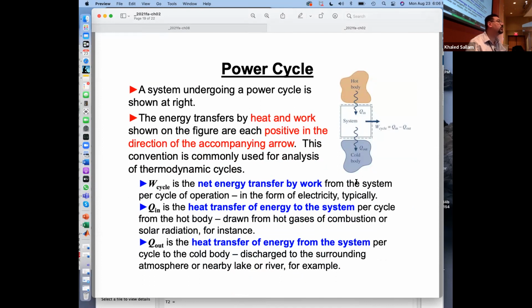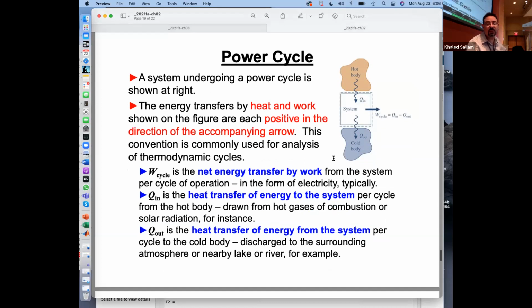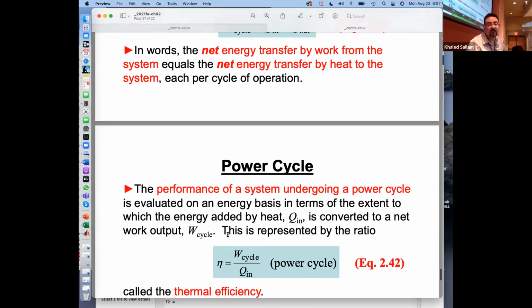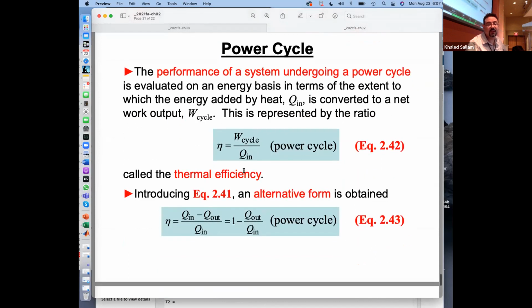That's why it's impossible to have a 100% efficient cycle, because if we made it 100%, all the Q would become work. That wouldn't happen, right? And that's the first law that I apply to a cycle, that I told you. Simply, the Q added is work plus Q out. Okay? And this is the efficiency.